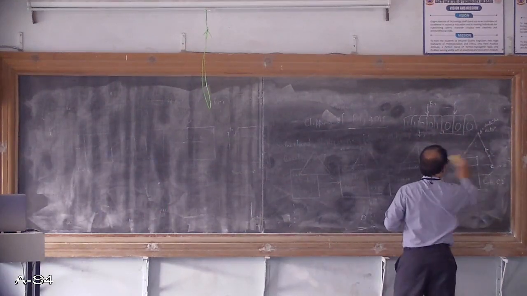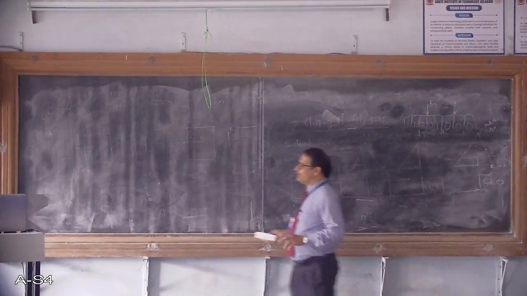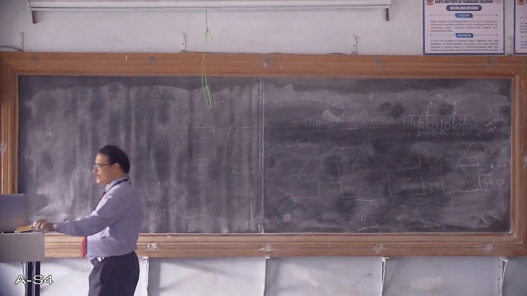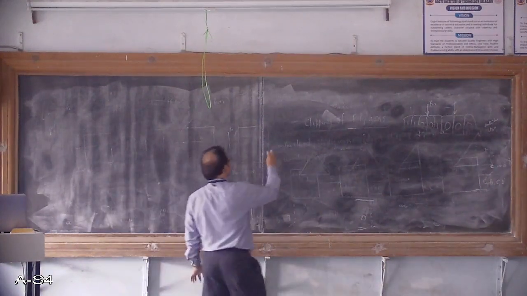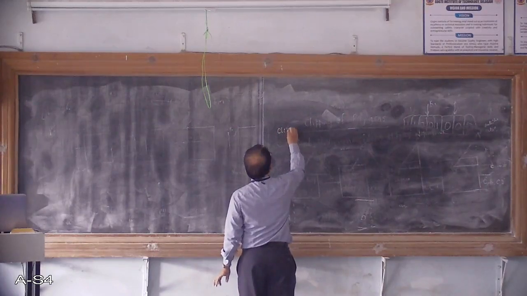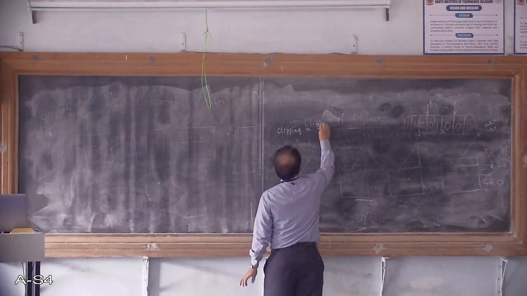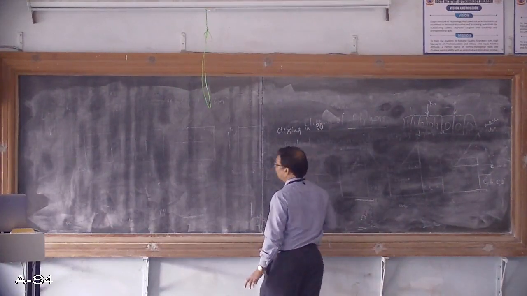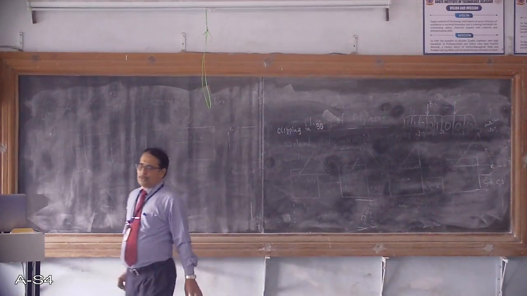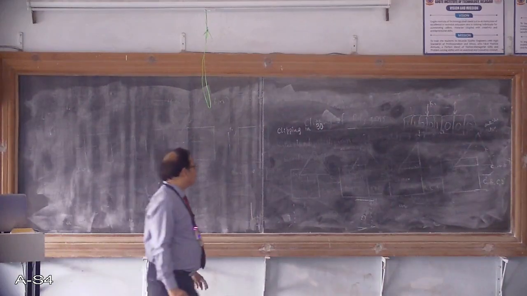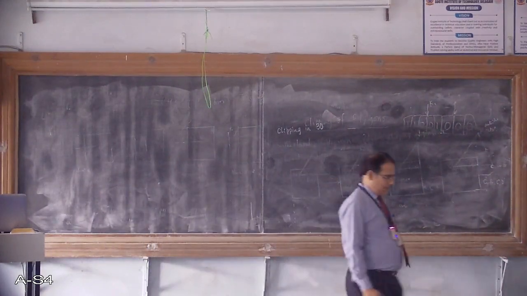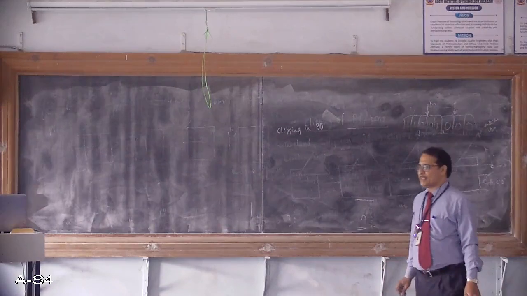Now, one more topic that I would like to introduce is the clipping in 3 dimensions. Clipping in 3D. So far we were talking about the clipping only in 2-dimensional cases, 2-dimensional objects.